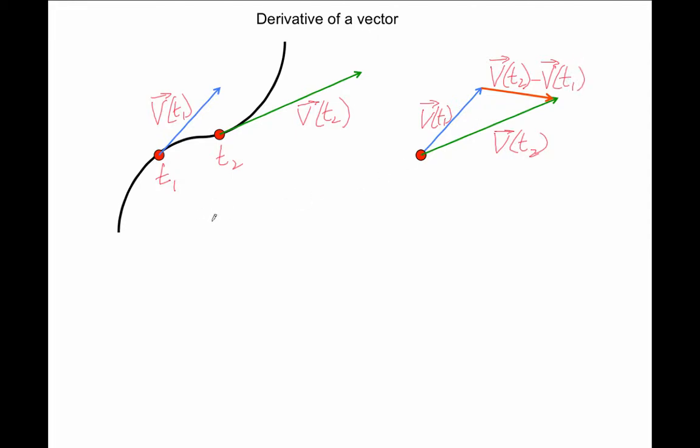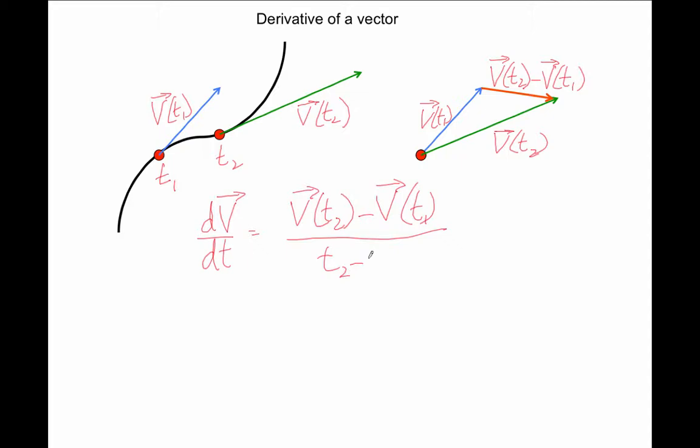We're going to define the derivative of v with respect to time to be the difference of the two vectors, so v of t2 minus v of t1 divided by the time that it took to go from one position to the other. And we could write this as delta v divided by delta t. So delta v is this vector over here, the difference of the two vectors, and delta t is the difference of the two times.